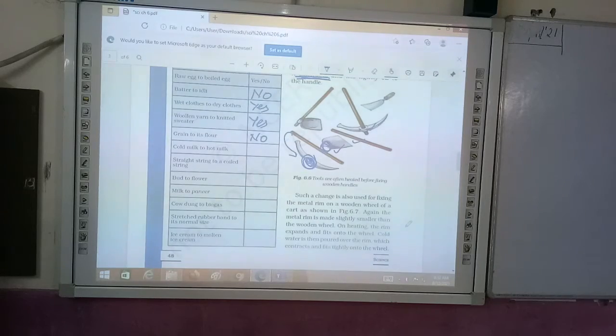Such a method is also used for fixing the metal ring on a wooden wheel of a cart as is shown in figure 6.7.